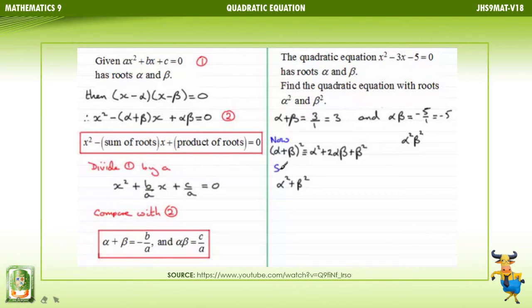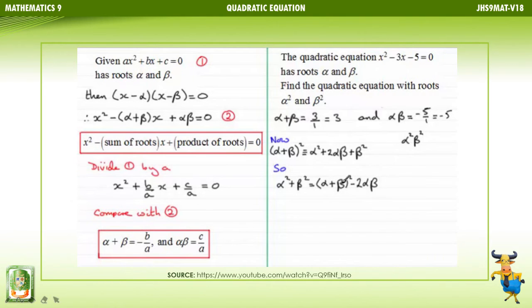So I can get alpha squared plus beta squared just by simply rearranging this. If I take 2 alpha beta away from both sides, I end up with alpha squared plus beta squared equal to alpha plus beta all squared minus 2 alpha beta.